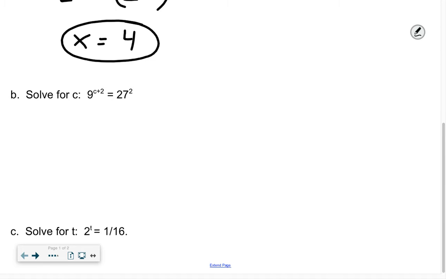Now we're looking for that common base between the two of them. 9 and 27. What do you suppose that base needs to be? We could try 9, but 9 to the second power is already up to 81, which is way past 27. So could we reduce both of those down even further? Yeah. Suppose we're looking for that base of 3.